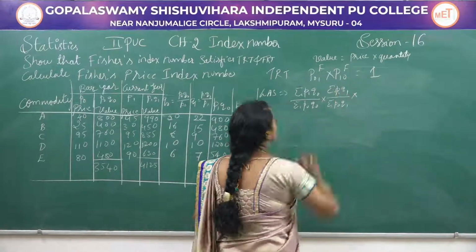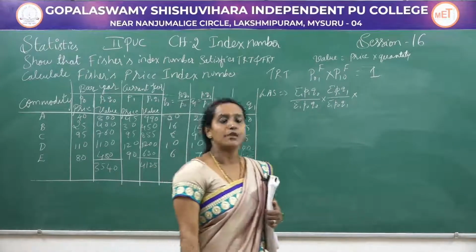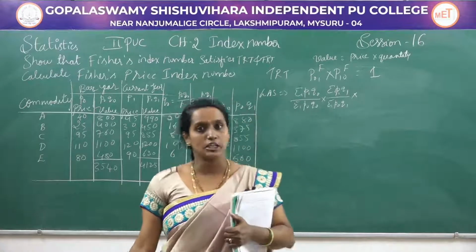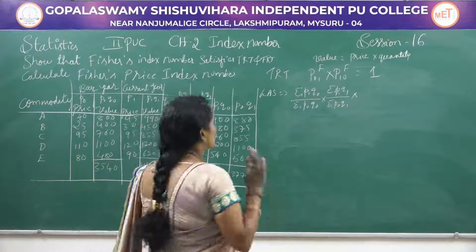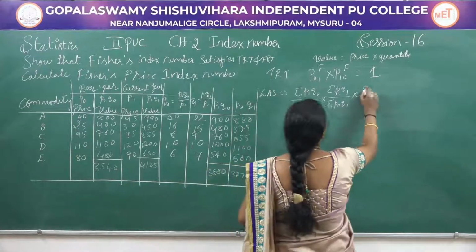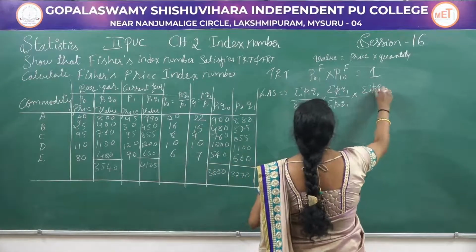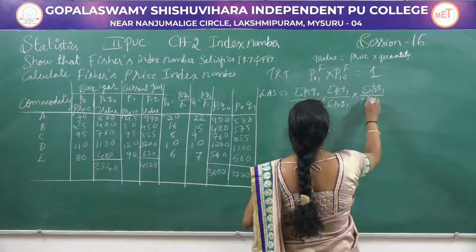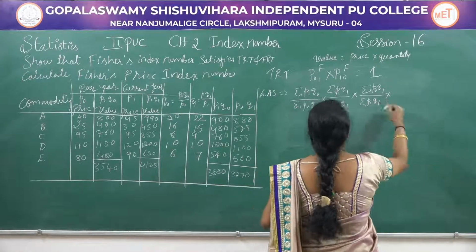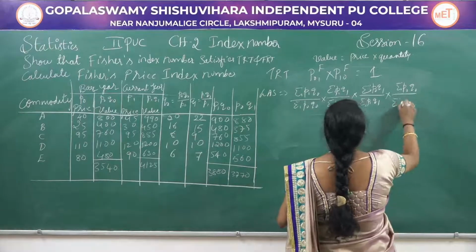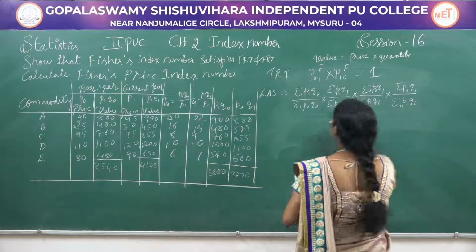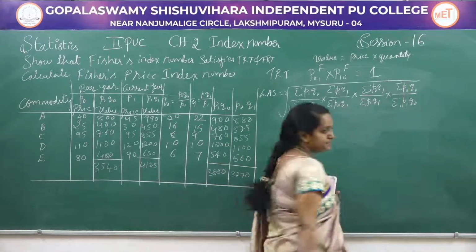Here for P10 of Fisher's, I should replace 1 by 0 and 0 by 1. So we are changing the time, that is summation of P0 Q1 by summation of P1 Q1 into summation of P0 Q0 by summation of P1 Q0, whole the square root.